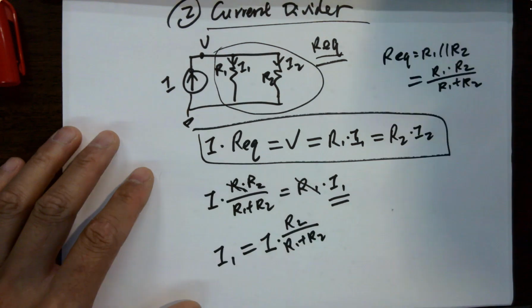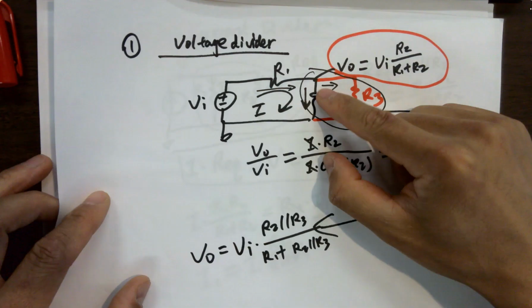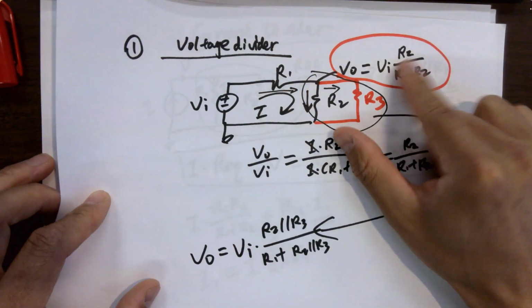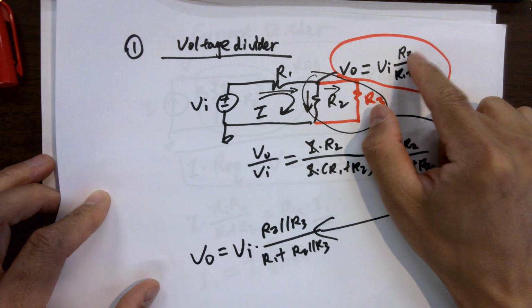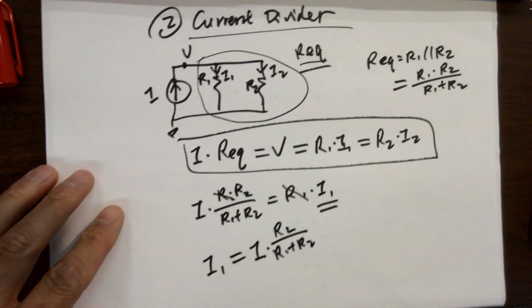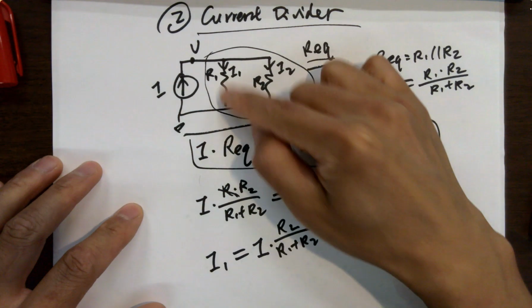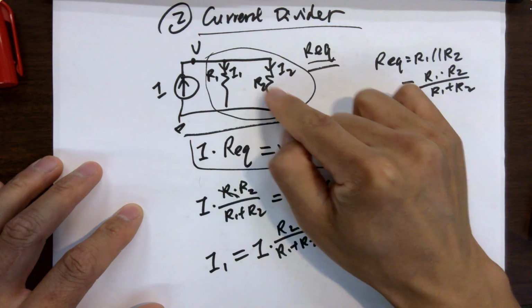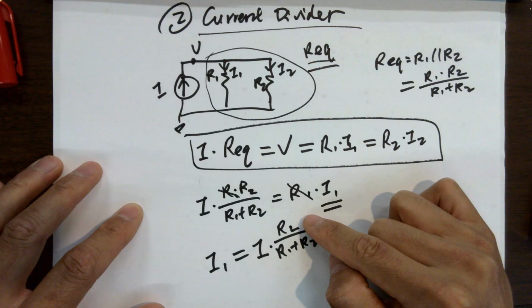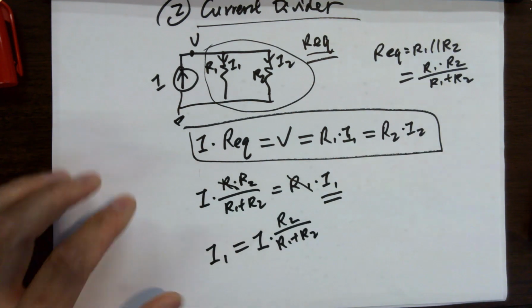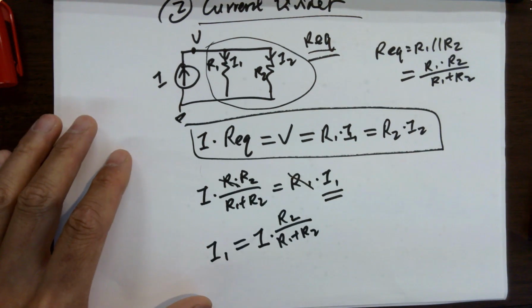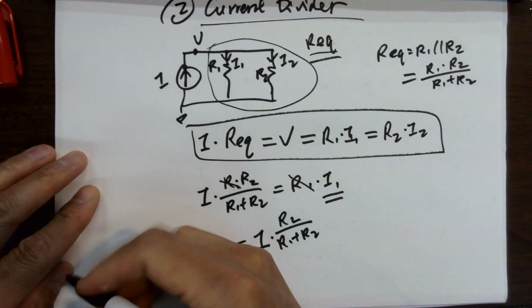For the voltage across this resistor, you just put this resistor on the top. But if you want to calculate the current flowing through this resistor, you have to put the other resistance on the top. Yeah, I'm going to go through that right now, okay?